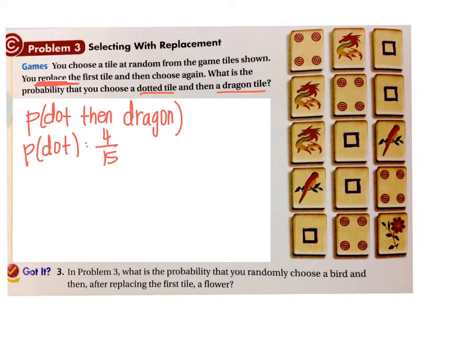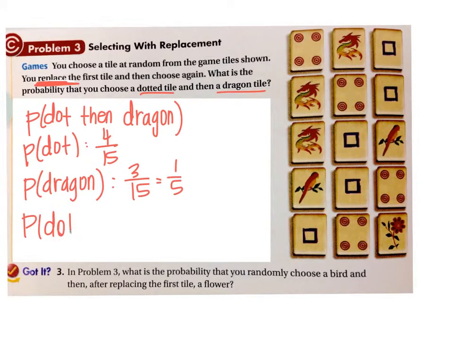Then you find the probability of a dragon. If you look and count, there are 3 dragons. Again, I put the tile back, so there's 15 total. So that's 1 out of 5. Your question was to pull a dotted and then a dragon. Since I had replacement, my probability is the probability of a dotted times the probability of a dragon. So 4/15 times 1/5, and I get 4 out of 75.